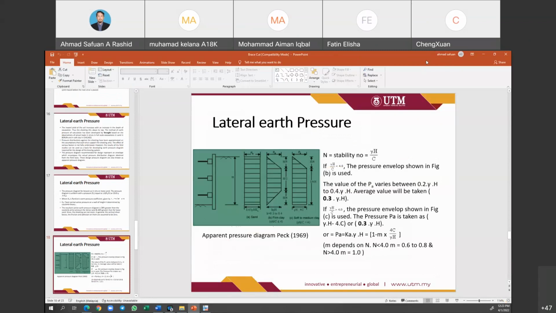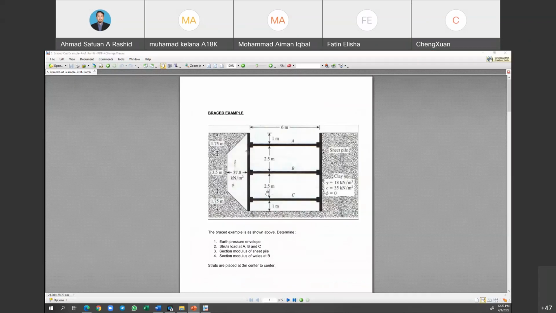So for this case, first we need to determine the stability number. If it is less than 4, then we can propose to use the firm clay pressure diagrams. If it is greater than 4, then we need to change to the soft to medium clay distribution diagrams.